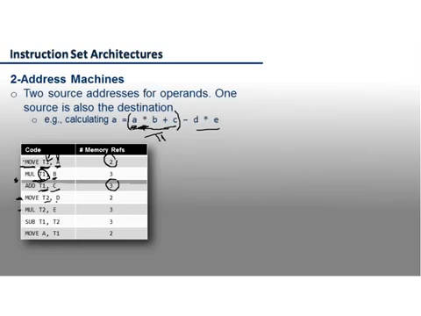Same thing. We need to multiply T1, which has the value of D. We multiply it by E. So we have 3 memory access. Now we have a value of T2 ready because it will store inside. Now straight away we just need to subtract T1 and T2. Just subtract. Now when we subtract them, where is the result stored? It has to be stored in T1 because this is the way it works.